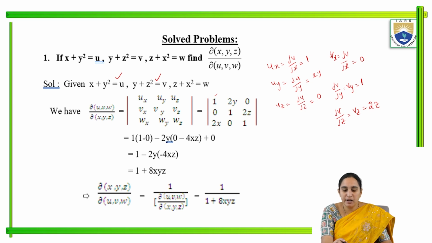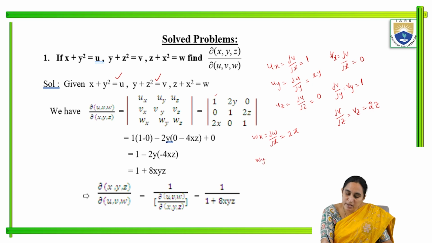Similarly, find wx, wy and wz. wx is equal to ∂w/∂x. What about the function here? w is equal to z plus x square. The differentiation with respect to x is 2x.